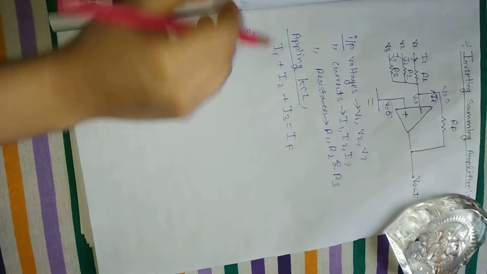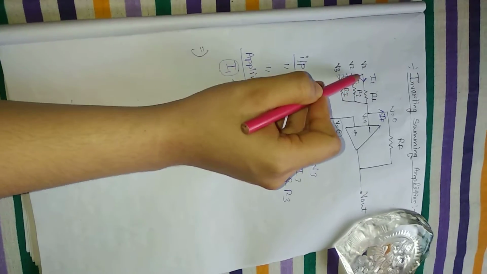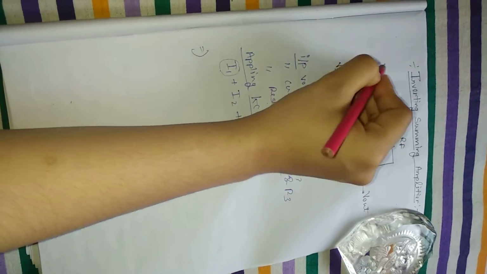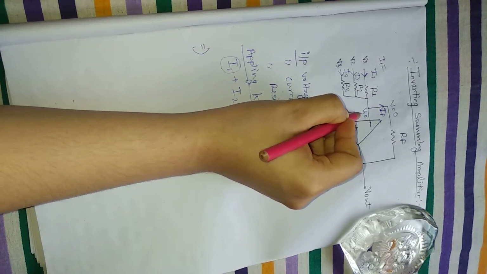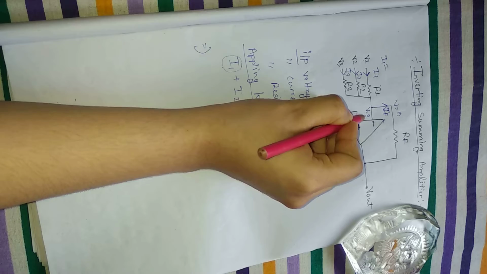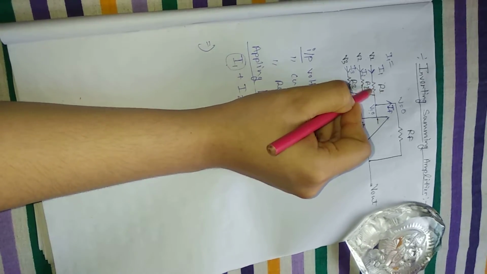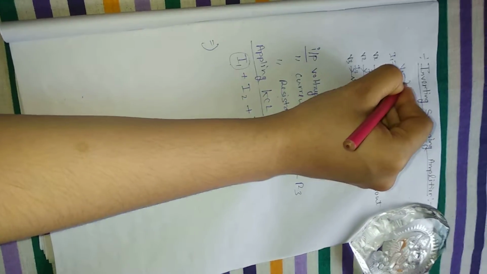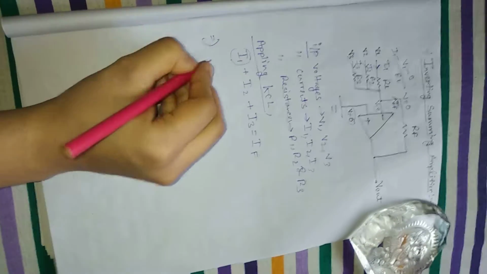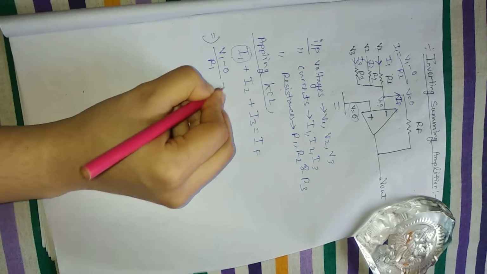If we concentrate on this path, then I1 is equal to V1 minus 0 by R1, because 0 voltage is here, with the voltage drop across R1.